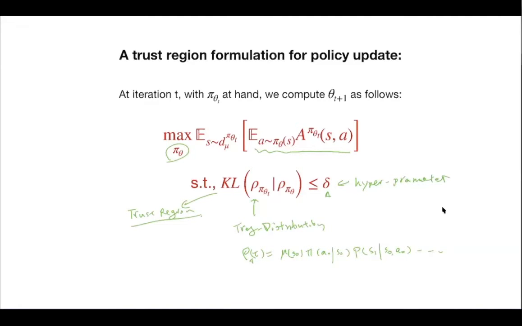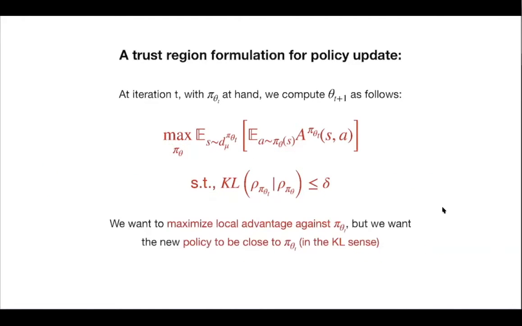If you think about KL as maybe an ellipsoid, you have rho pi theta t at the center, and this is your radius delta. You want to make sure that you only do optimization inside this circle. It's just that the distance metric in this circle is defined in terms of KL divergence.